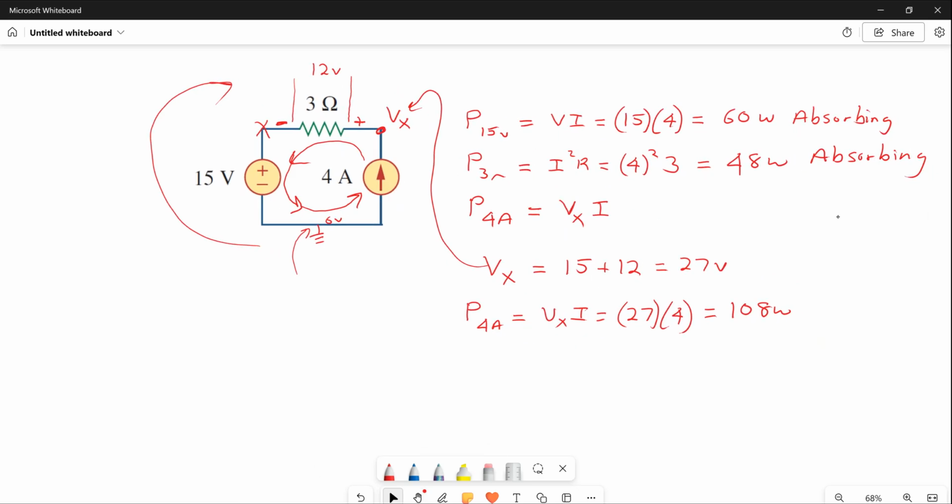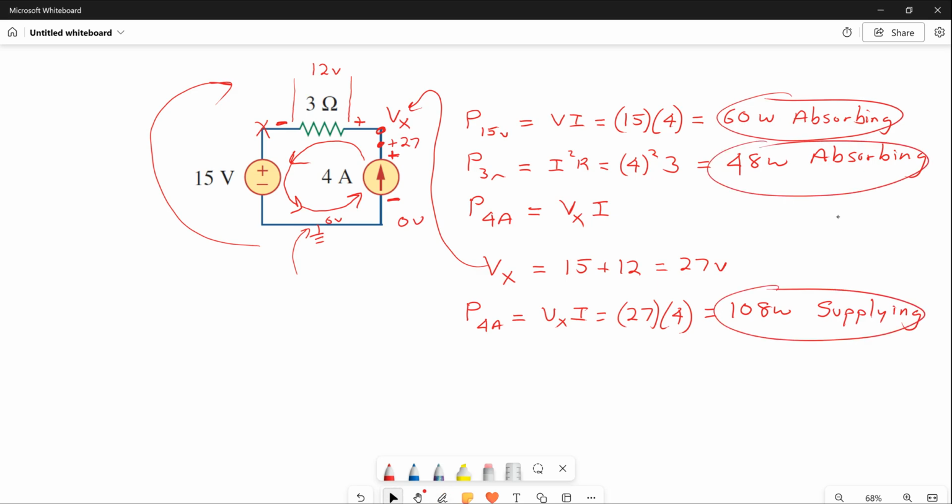Well, if that's 27 volts up here, that's plus 27 with respect to ground down here. So there's a plus up here and a minus down here. There's a positive voltage at the top of the current source and a negative at the bottom. The current is entering the negative side. That has to be supplying. And there's your answers: absorbing, absorbing, and supplying.